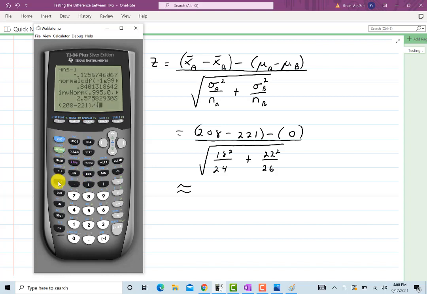We're going to have 18 squared divided by 24 plus 22 squared divided by 26, and then I'll hit enter and see what we get.